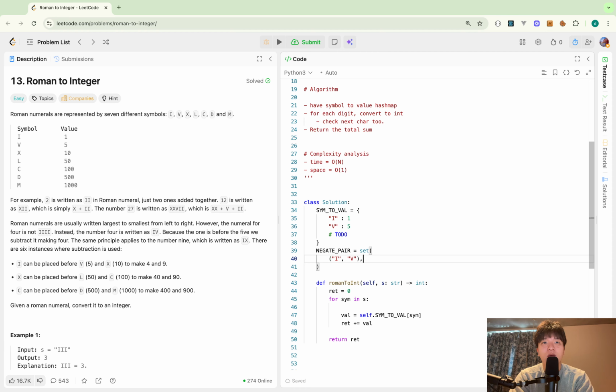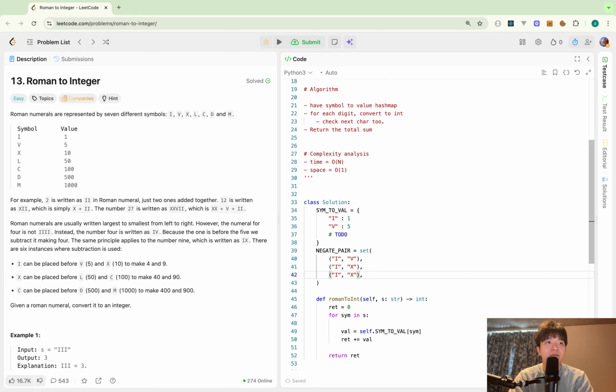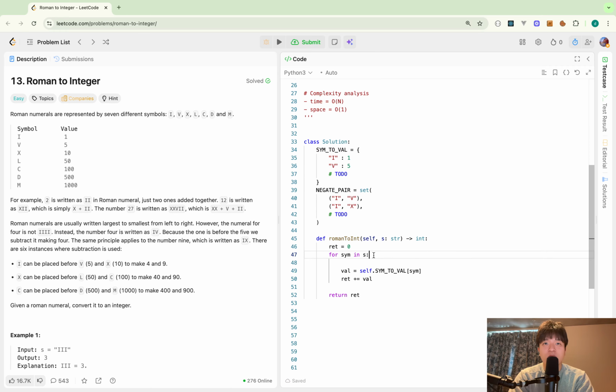This means that if I and V occur in this order, this I should be negated. I would do it for IX and so on. So what I can do here is, after I get the value, I check the flag: should this be negated or not? So I have to traverse with the index.